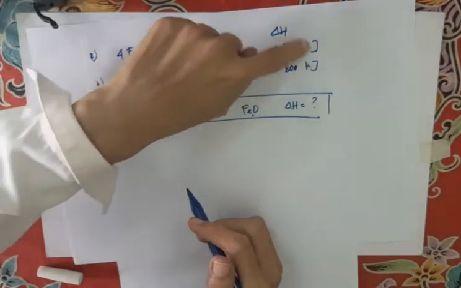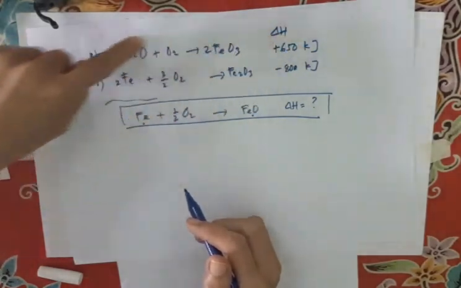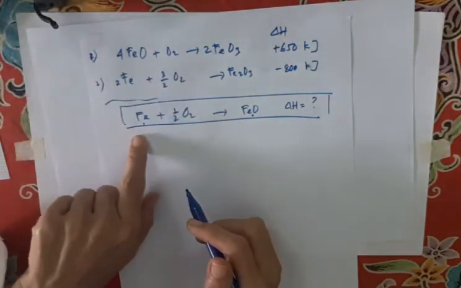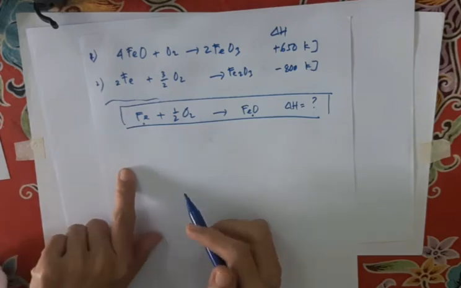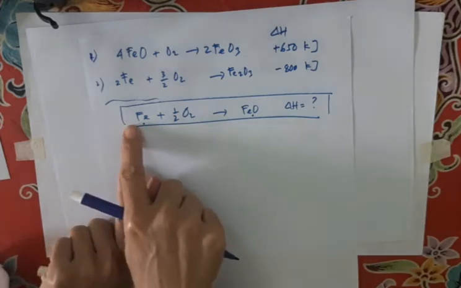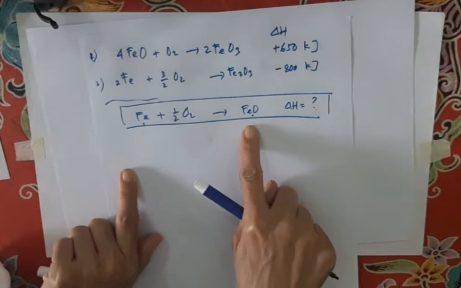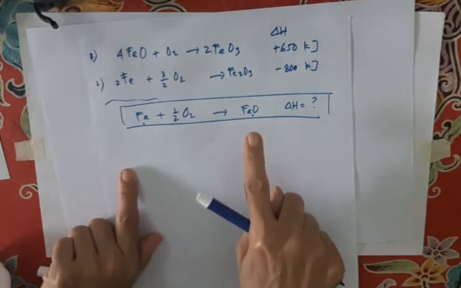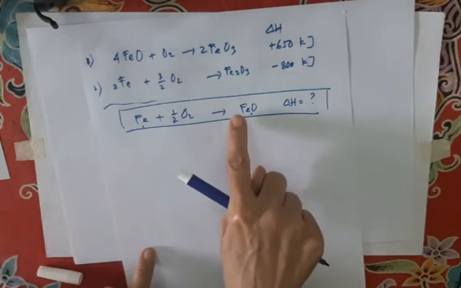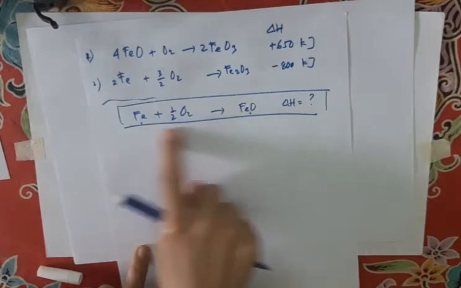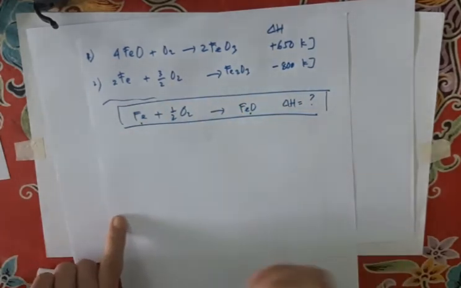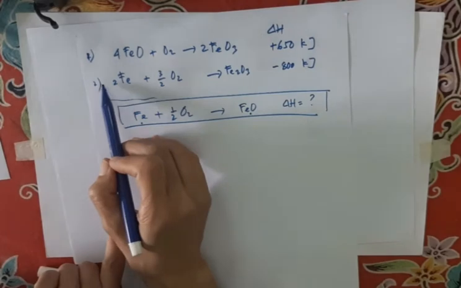You modify these two equations, so Fe will be on the left side and the coefficient of Fe is 1. FeO must be on the right side with coefficient 1 based on this focus. We change this.